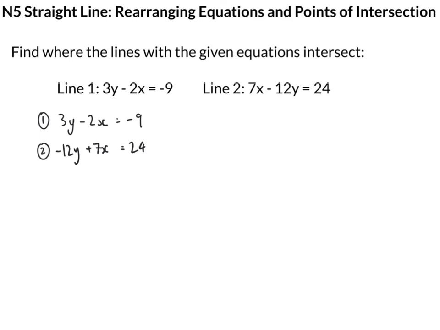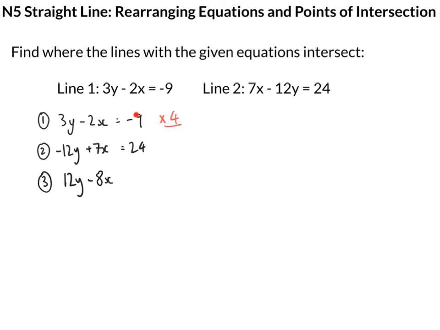If I take equation 1 and times it by 4, I'm going to get this. I'll get a new equation, equation 3, and I will get 12y. Multiplying this by 4 will give me 12y. I need to multiply this by 4, negative 8x.